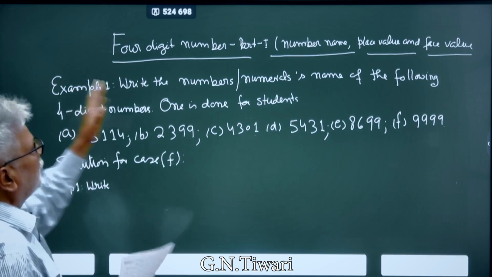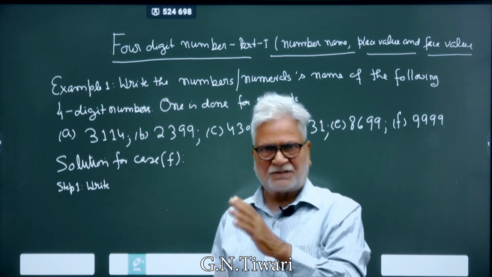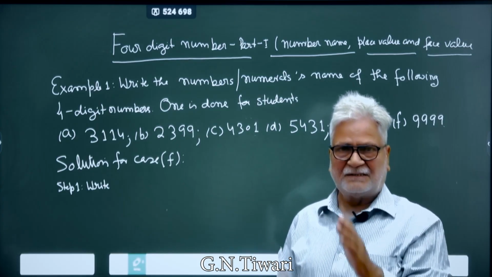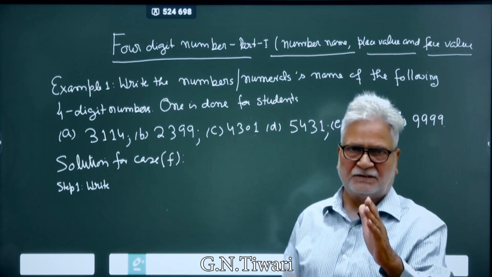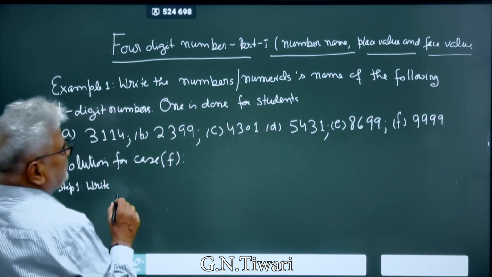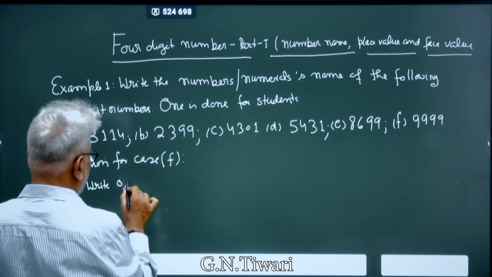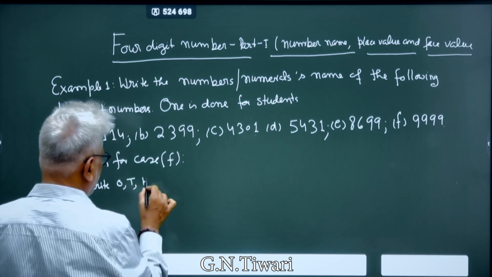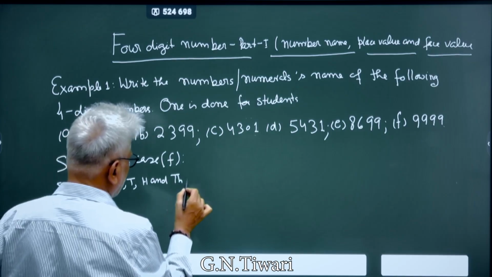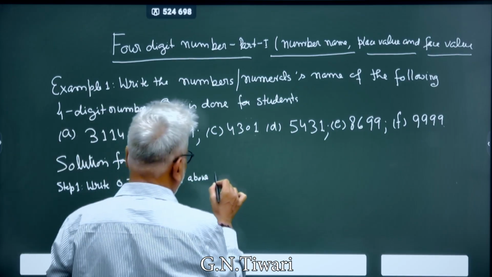Once we talk of the 4-digit number, it means first digit is ones, second digit is tens, third is hundreds and fourth is thousands. That is very, very important. So write O, T, H and TH above the 4-digit number.